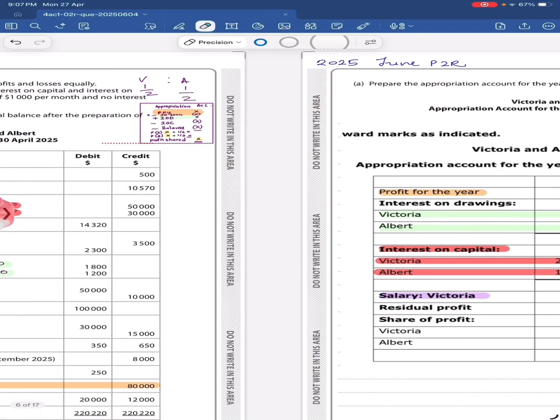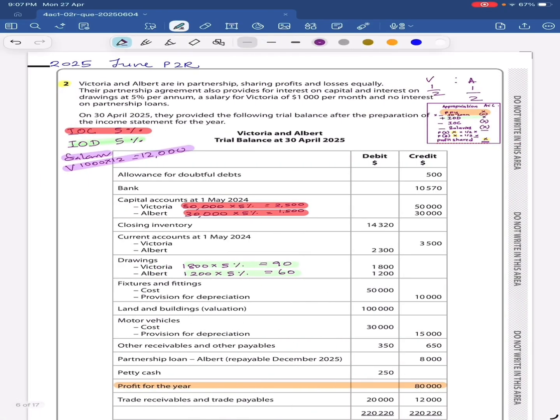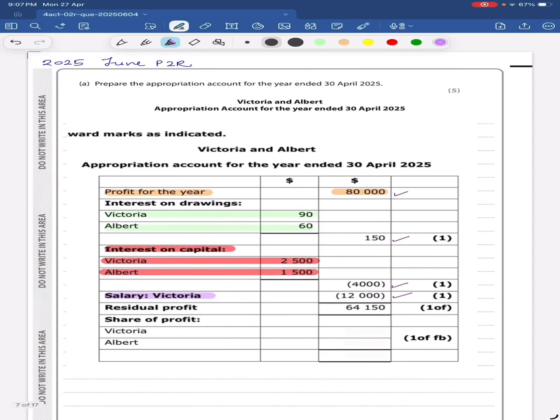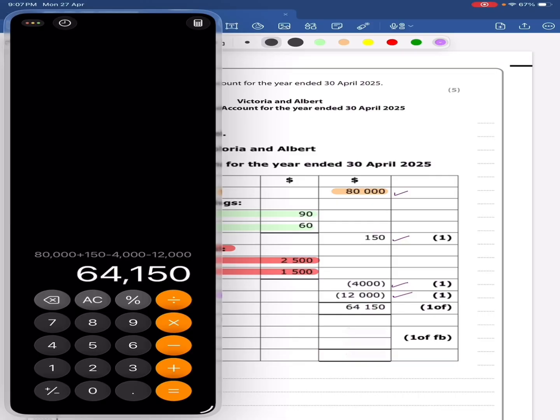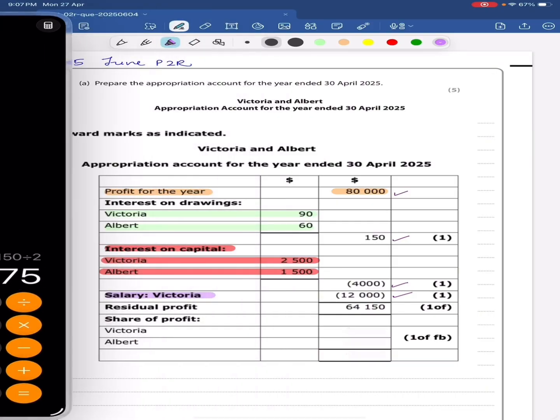Now let's find the share of profit. As you see here, the share of profit for Victoria is half, and for Albert it's half because they share it equally. So 64,150 divided by 2, which is 32,075.